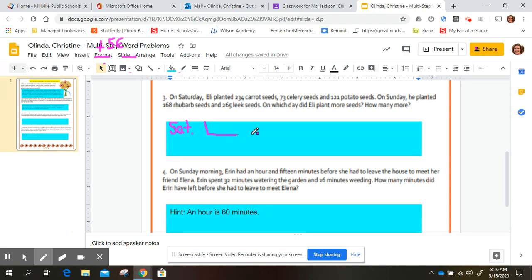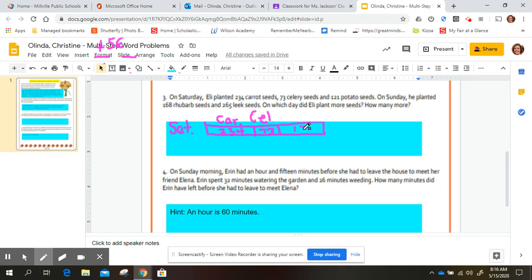Eli planted, and I'll do my tape diagram, and I know there's 3 boxes. 234 carrot seeds, and I'll put CAR for carrot. And then 73 celery seeds, so put CEL for celery.